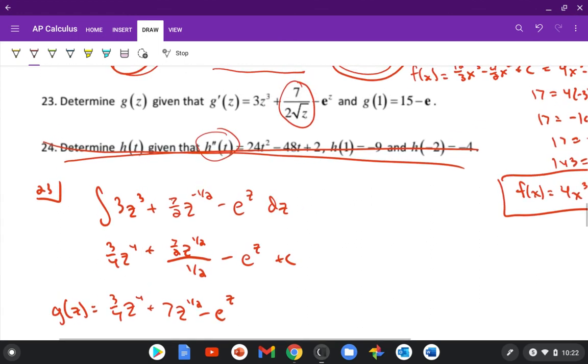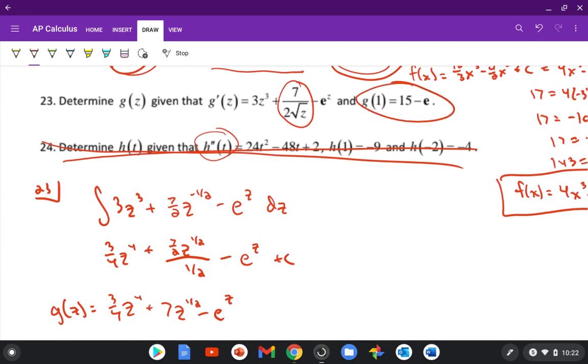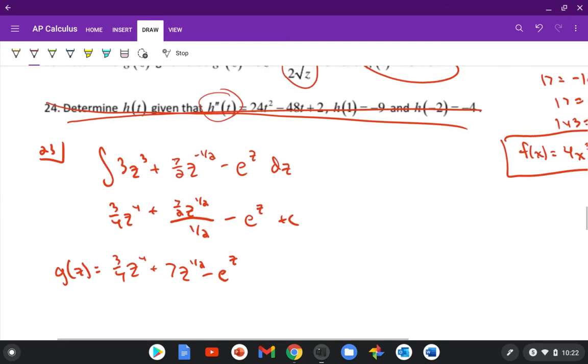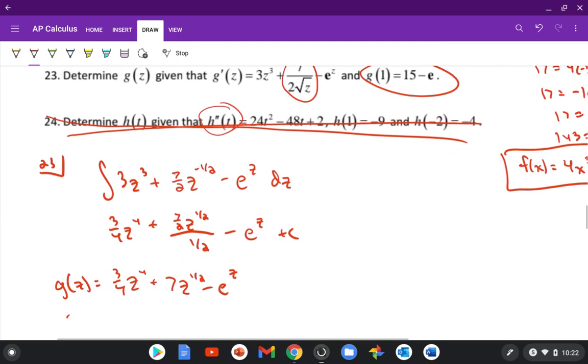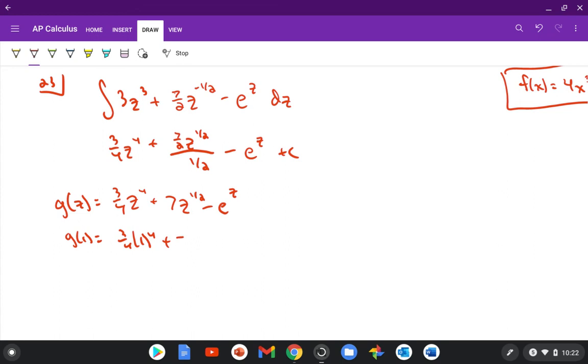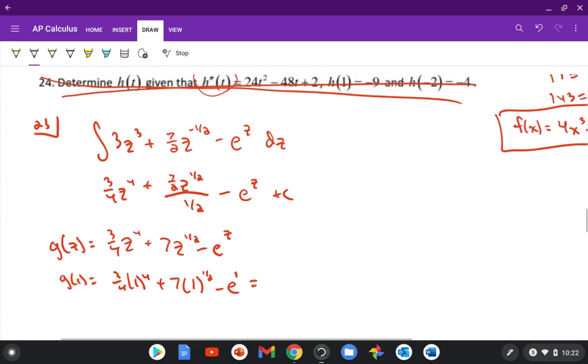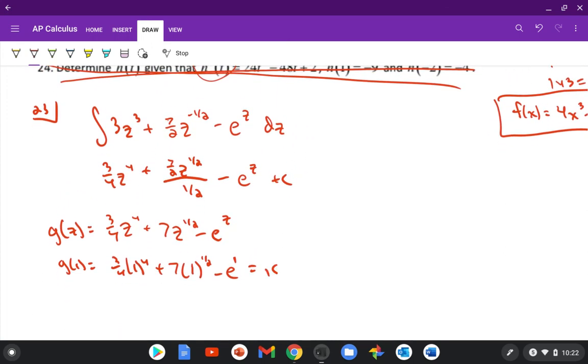It gives us an initial condition here. g of 1 equals 15 minus e. So that's just saying g of 1, 3/4 times 1 to the fourth plus 7 times 1 to the 1/2 power minus e to the first equals 15 minus e.